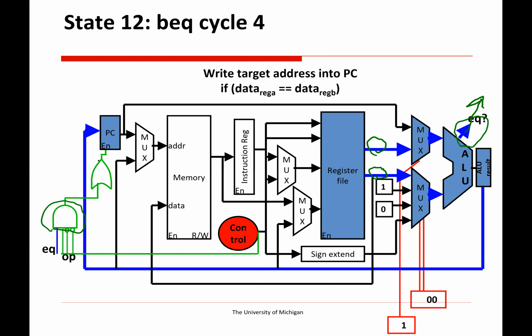So we're just going to stick an OR gate here that allows the decoder to override this logic and say, no, ignore whether it's a branch instruction or not, I'm enabling the PC right now. So we'll just set that OR gate input to 0, which basically makes this transparent. If this was a 1, then we would ignore this stuff. But if this is a branch instruction and the 2 register values are equal to one another, then we want to enable the PC so that we update and take the PC plus 1 plus offset, which is being stored in this ALU result that should write back and get stored into the PC at that point.